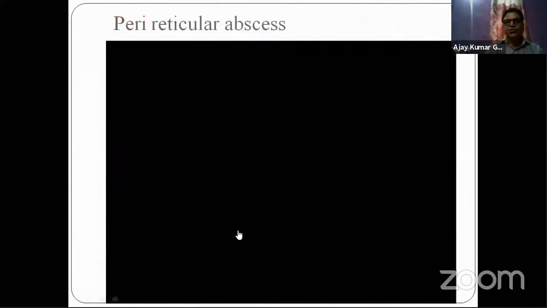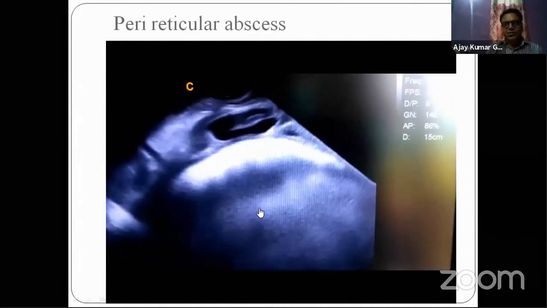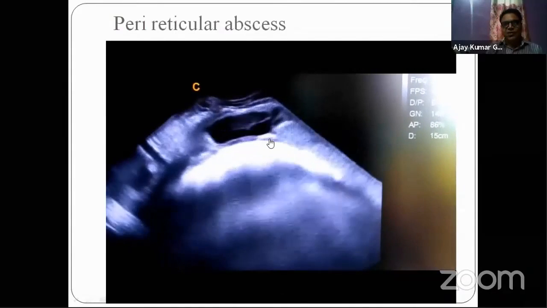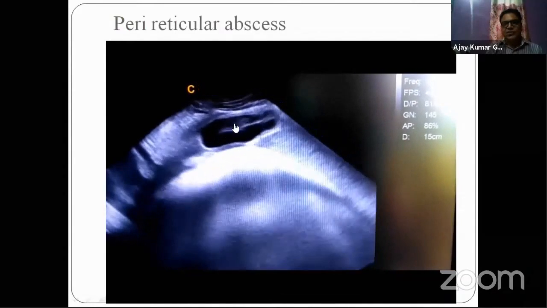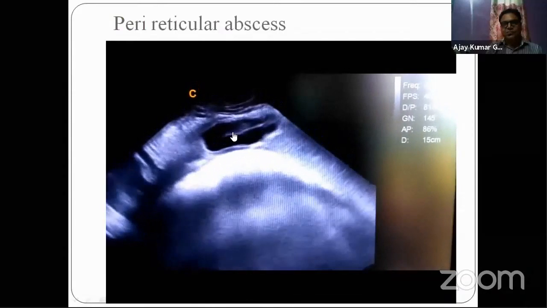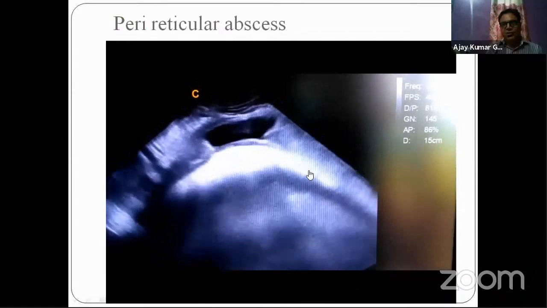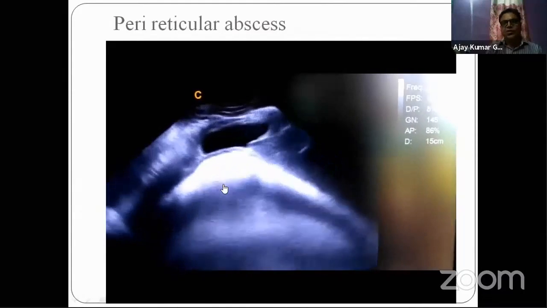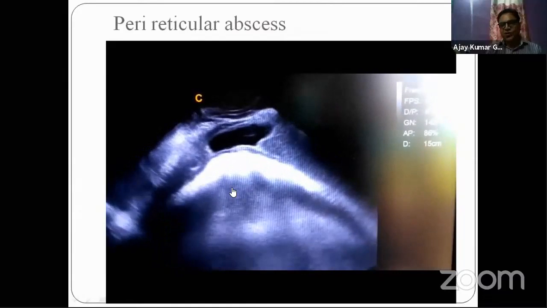So in this video you will see an abscess between the abdominal wall and the reticulum. The abscess has a capsule and a central anechoic area representing fluid content, and the distance between abdominal wall and the reticulum is increased. See, this is the reticular wall, this is the abscess which has fluid content, and you note the motility of the reticulum also will not be as in case of normal reticulum.